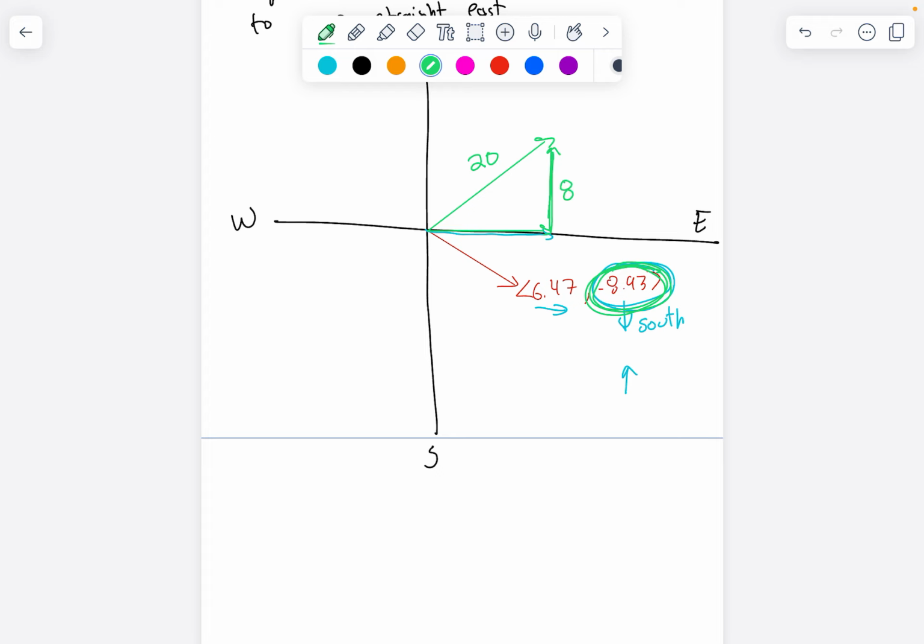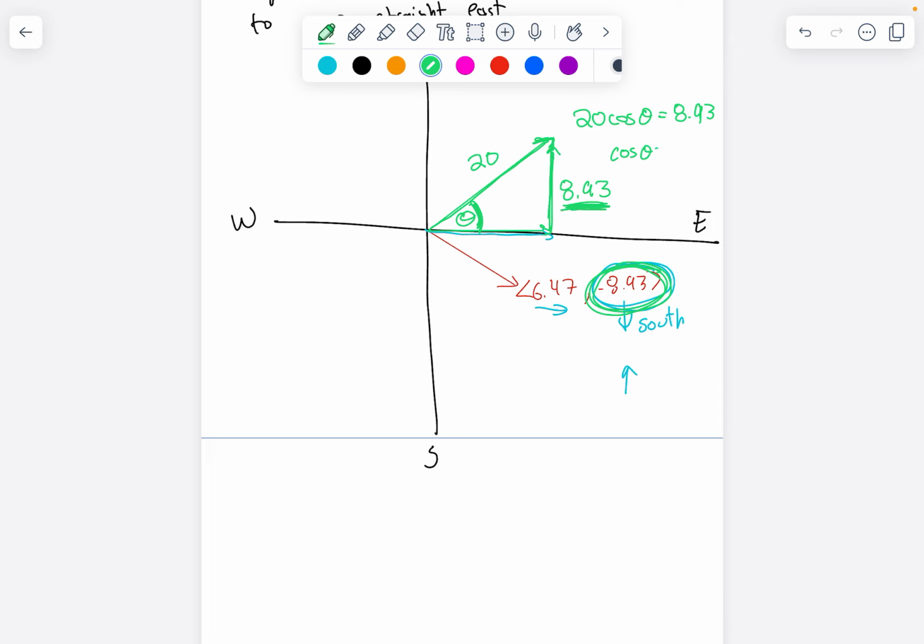So this must be 8.93 if I'm going to be able to counteract it. And so if I want my vertical force to be 8.93, and I know that my boat is going at 20 miles per hour, I just need to figure out what angle I point my boat at so that this is true, so that 20 cosine theta equals 8.93. I would really like that to be true.